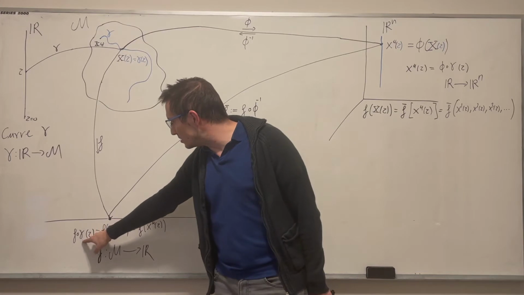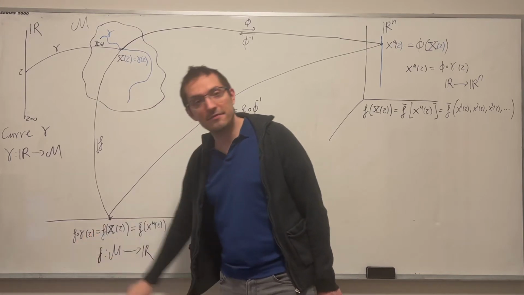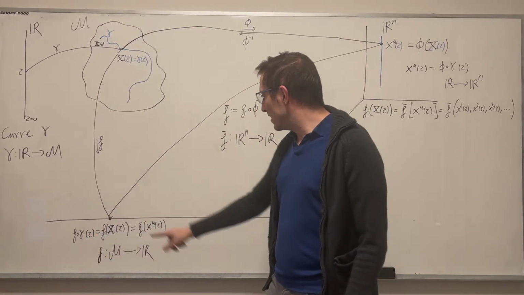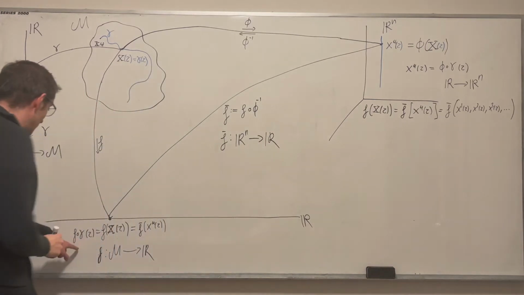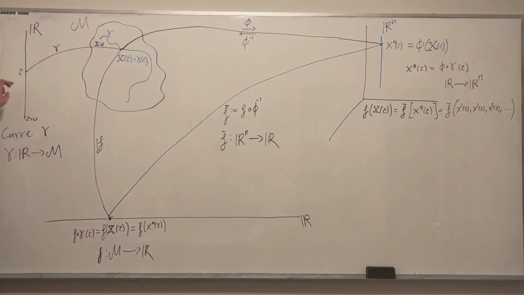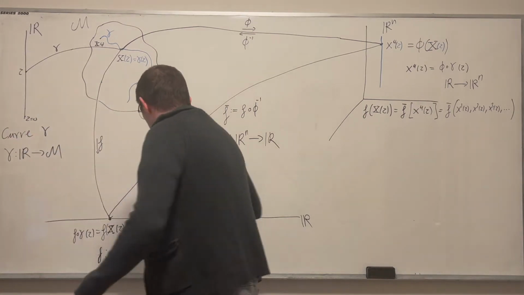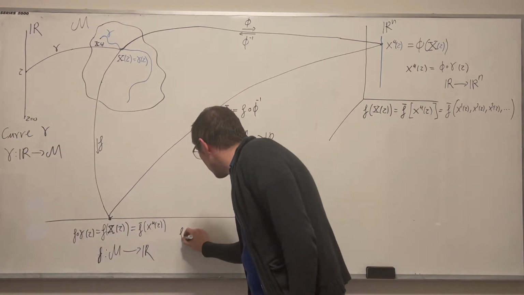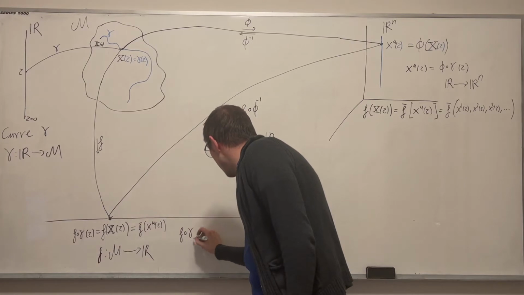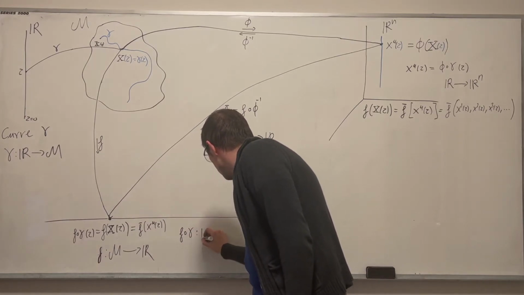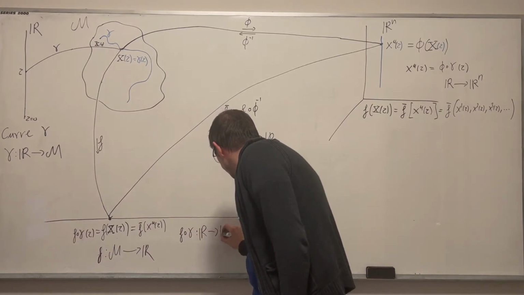That's the composition of gamma and f. This composition of f with gamma is a function that goes from the reals to the reals.